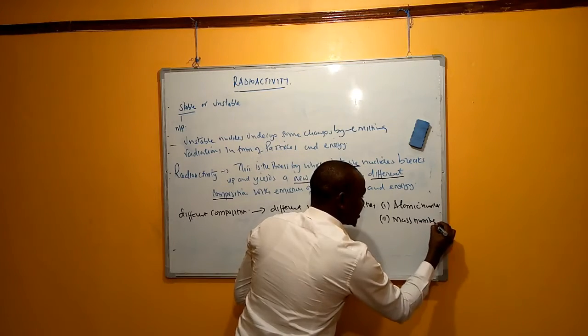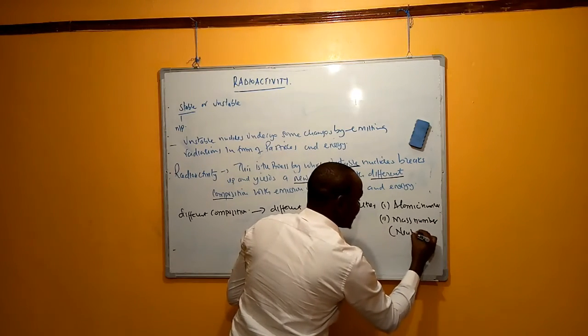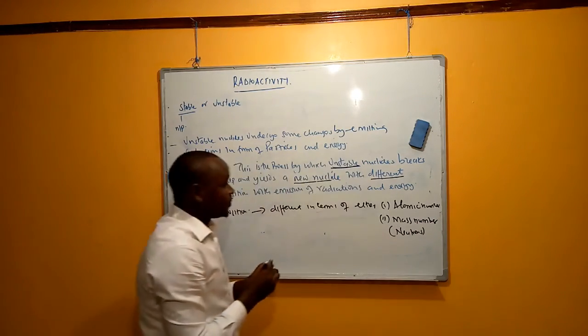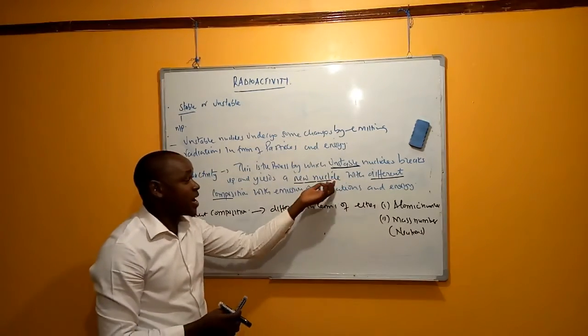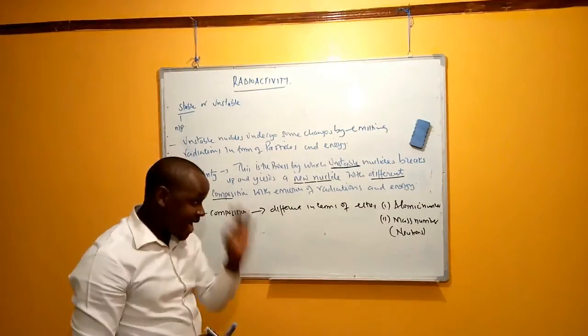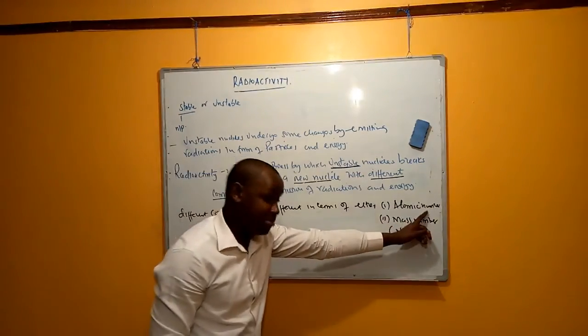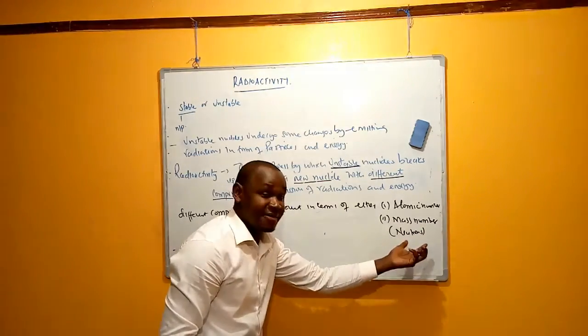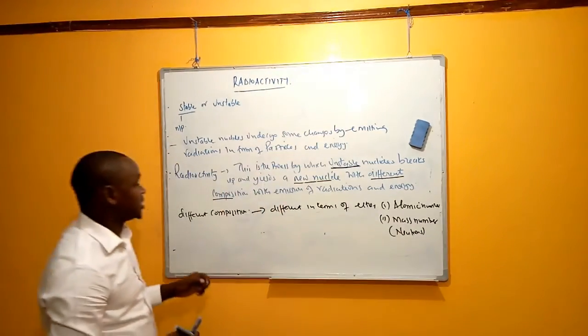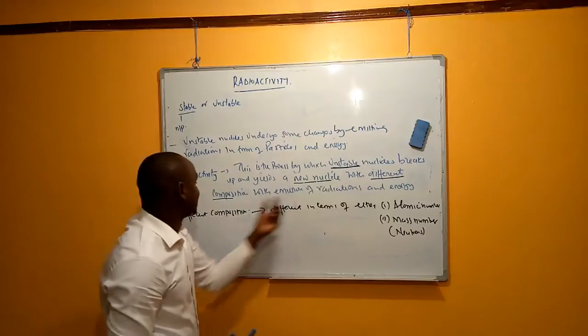Obviously, when you say mass number, it means the neutrons have been affected. That is what we mean by different composition.